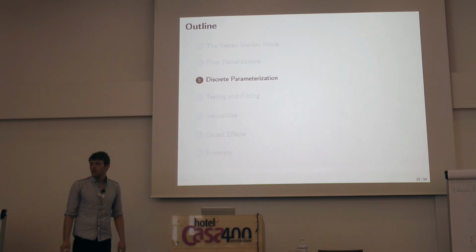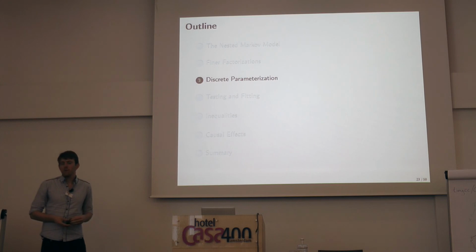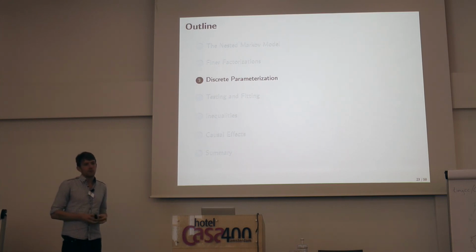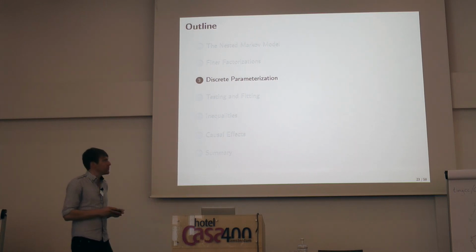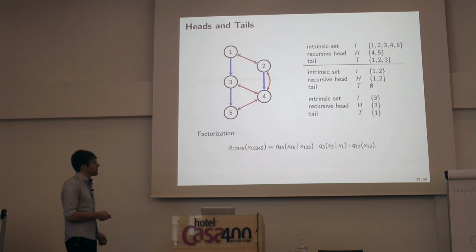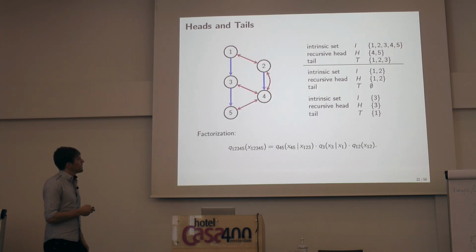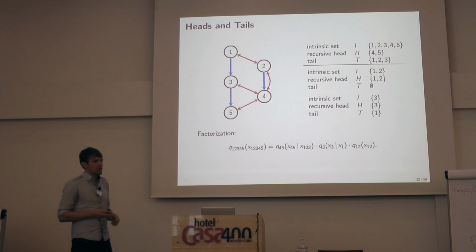The subfactorization of the heads was implied by the axioms, so it wasn't a new thing, it's just a consequence of the original. So they're all the same, right? So I could have deduced that there's an independence here between 2 and 3 given 1 by marginalizing 4 and 5 and then factorizing the districts, and I would get this. So in that sense it's not different.